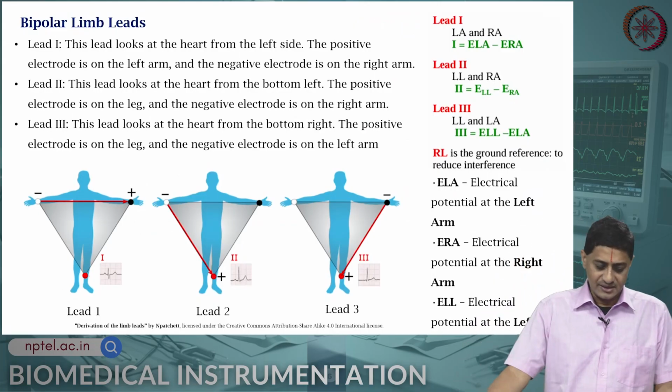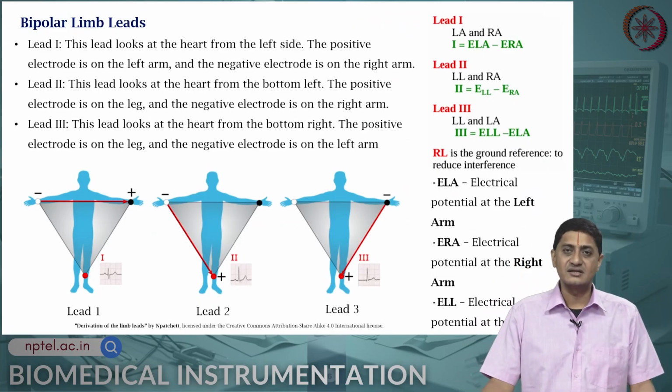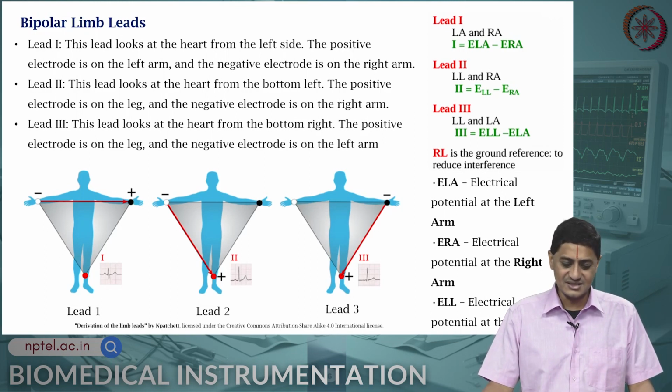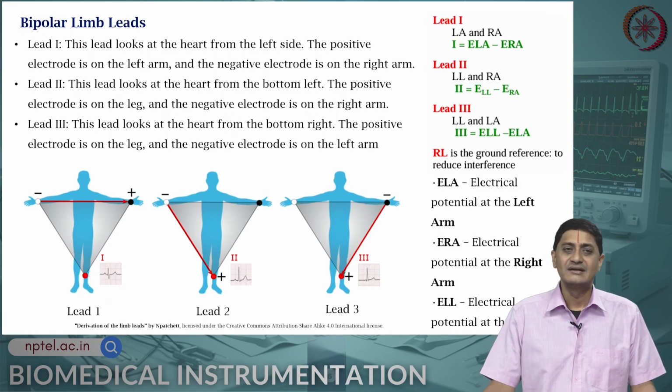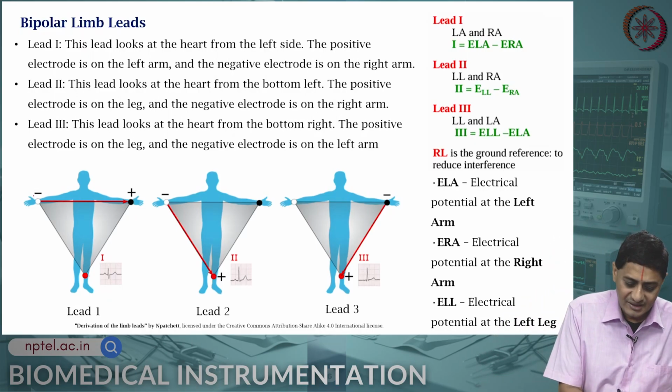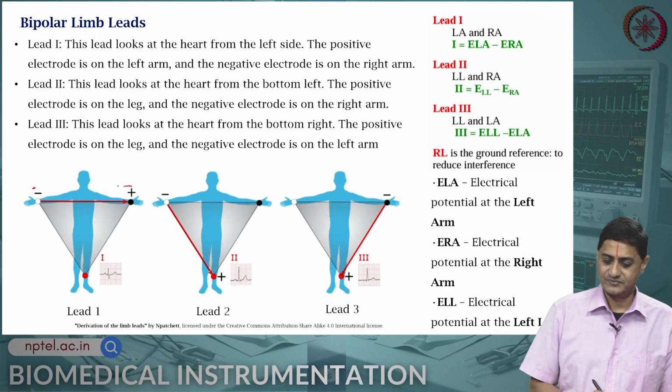Lead 1 essentially looks at the heart from the left side. That is the information that you take from the right arm to the left arm.